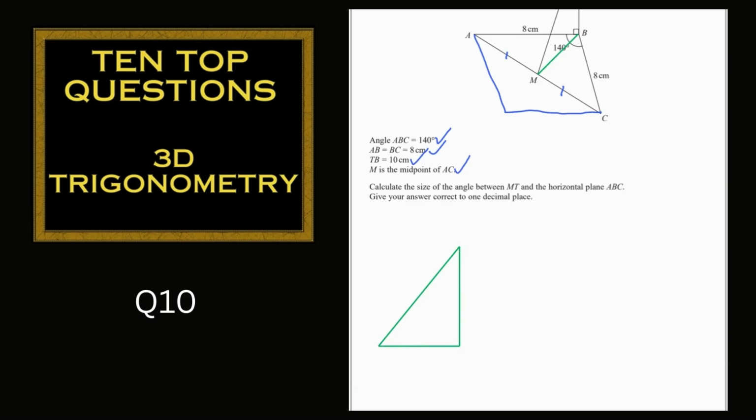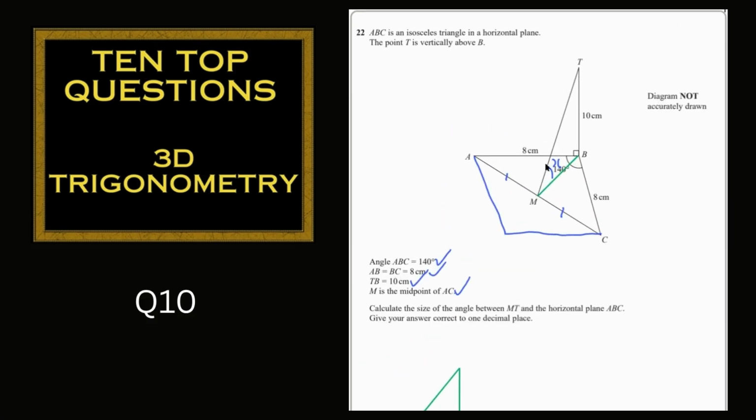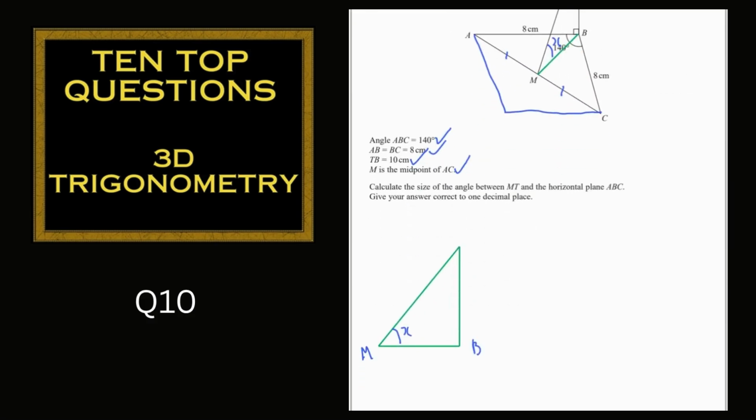Let's add some information to it. M is there. That line B to there, that's that. That's the angle we're being told to find. That's that. And we've got the height of the flagpole as I've described it, up to T of 10.